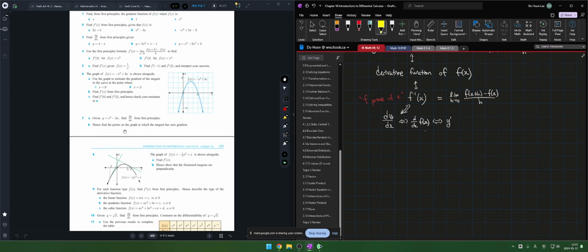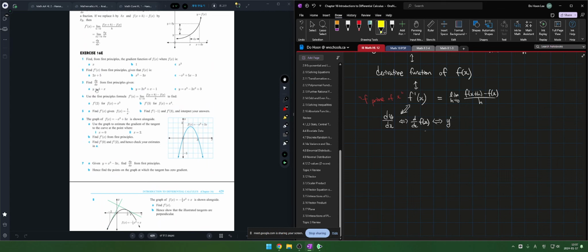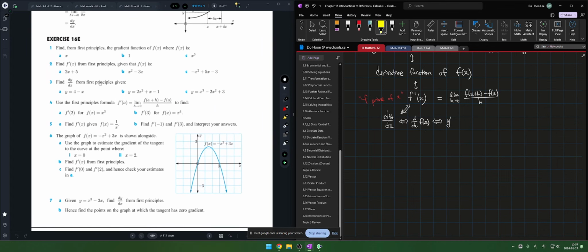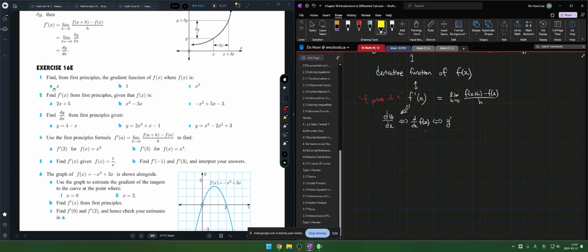So some questions here. These are just worded differently, but they're essentially the same thing. Find from first principles the gradient function of f of x, aka find f prime of x, aka find dy over dx. Okay, let's just do one example here, example for 3c.